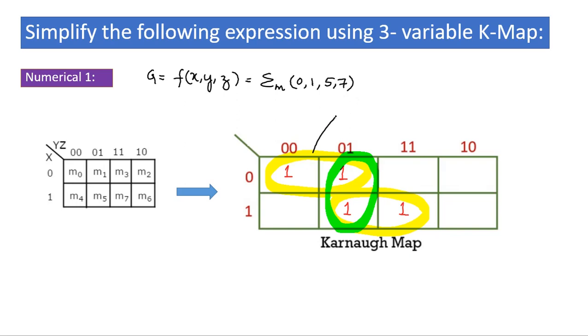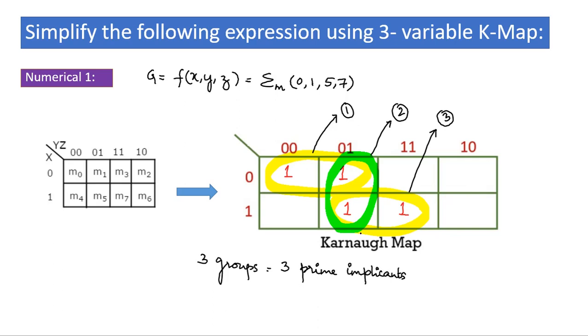This is group 1, this is group 2, and this corresponds to group 3. In this particular case you have 3 groups. Since there are 3 groups, you have 3 prime implicants.